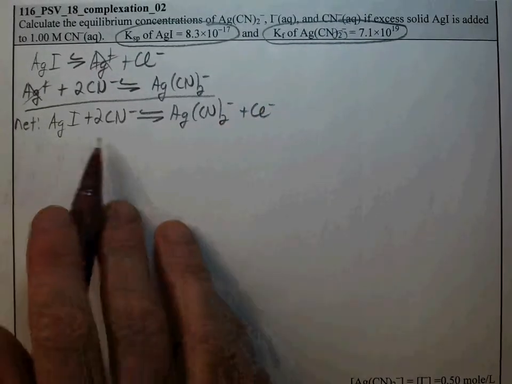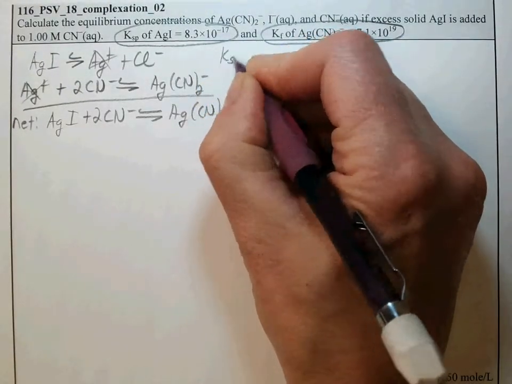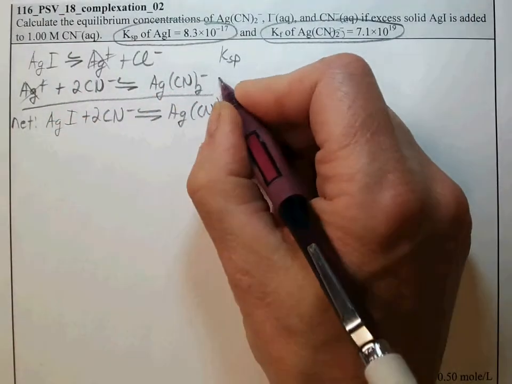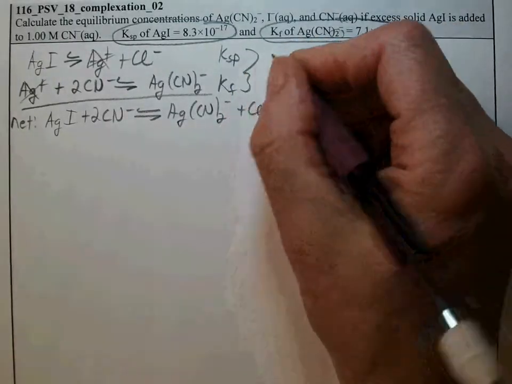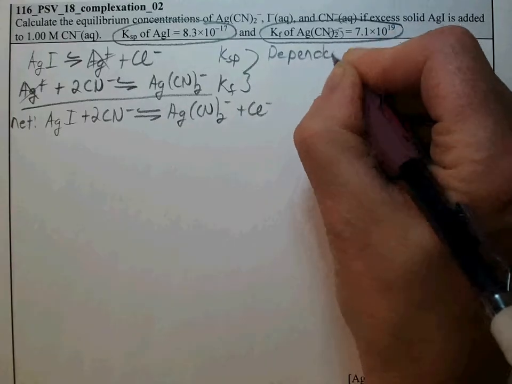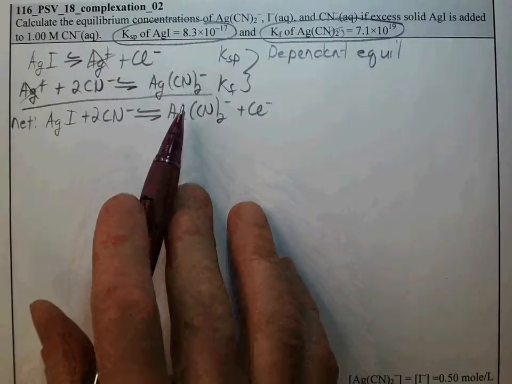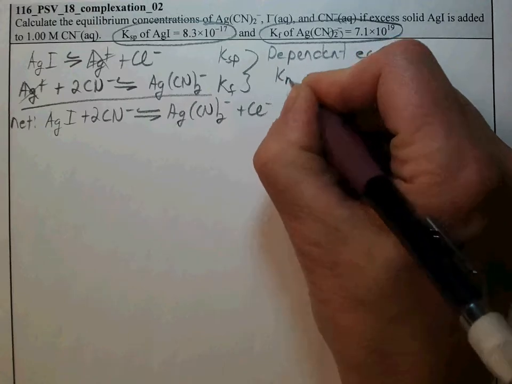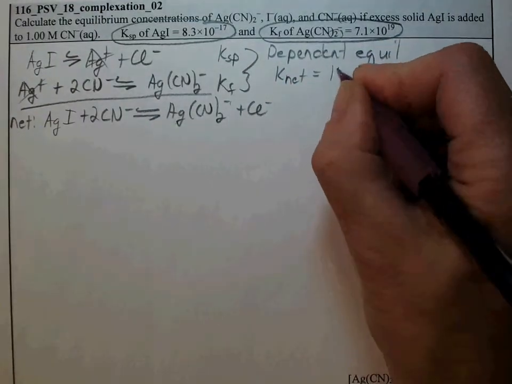Alright, so here's our net reaction. The equilibrium constant associated with this first one is KSP, it's a solubility, and this is the KF. So in the case of the dependent equilibria, when you sum these together to get a net reaction, the K net is going to be equal to the product of these two individual K's.